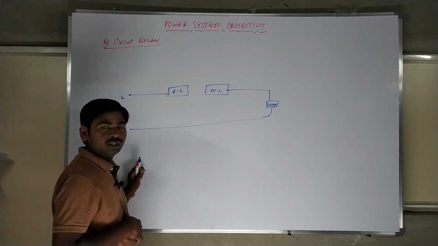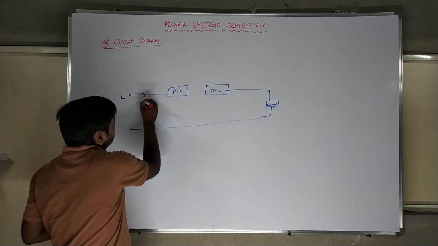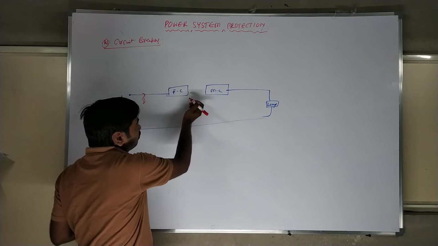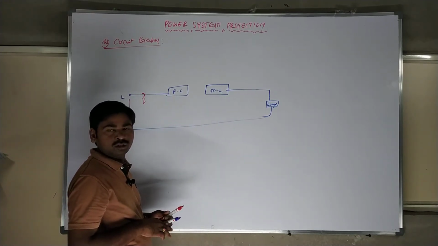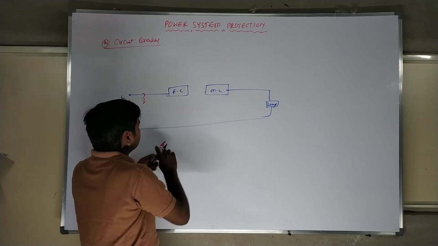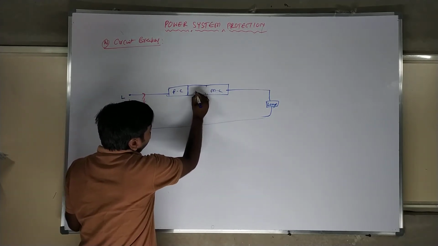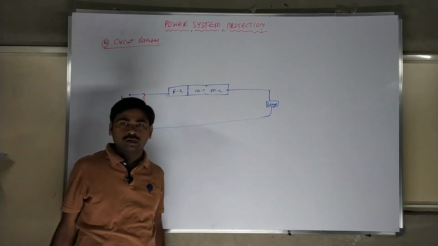Whenever there is a general situation, the current flows through this from the power supply you are providing. Under no fault condition, that is, under general condition, the fixed contacts and moving contacts are together, therefore current will flow through this.